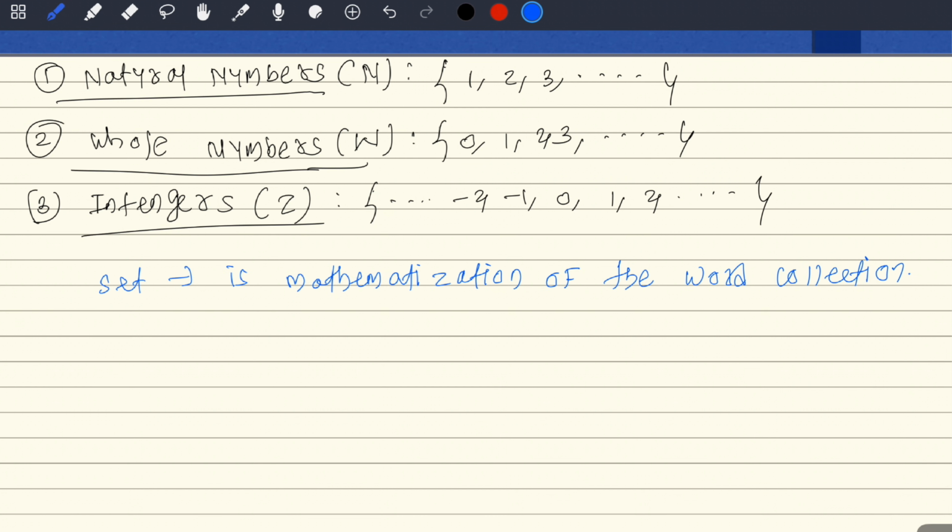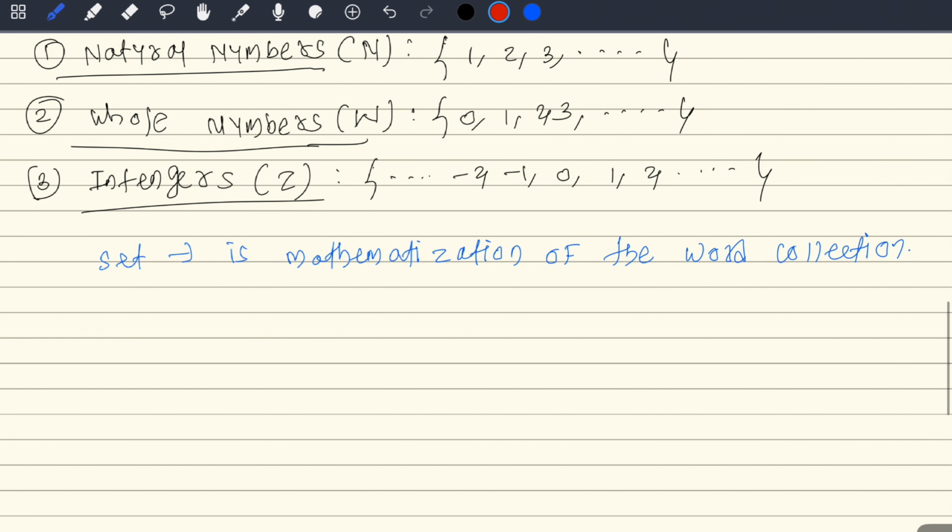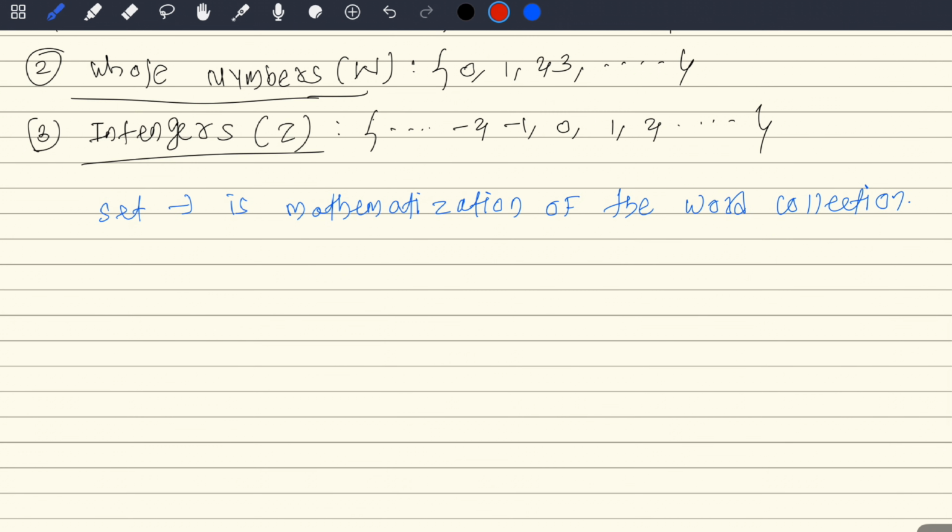Now the question is, what type of collection is a set, and how do we mathematize the word collection? Is any random collection a set? No. So to answer this, we have to go through the set theory definition. So what is the definition?